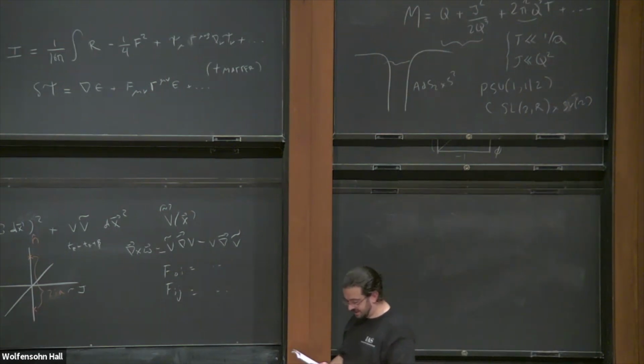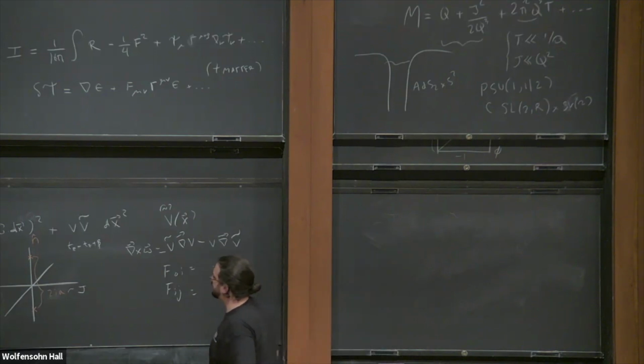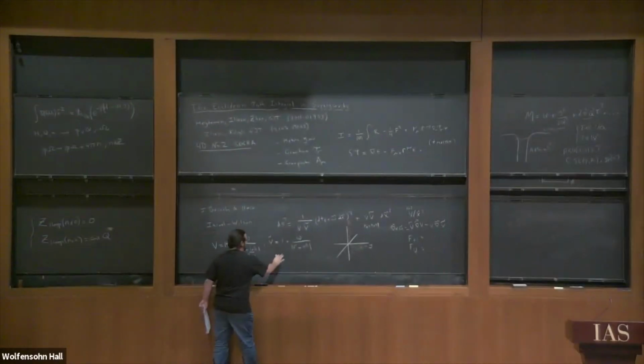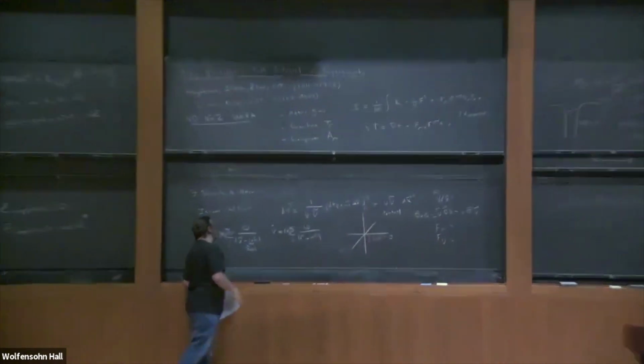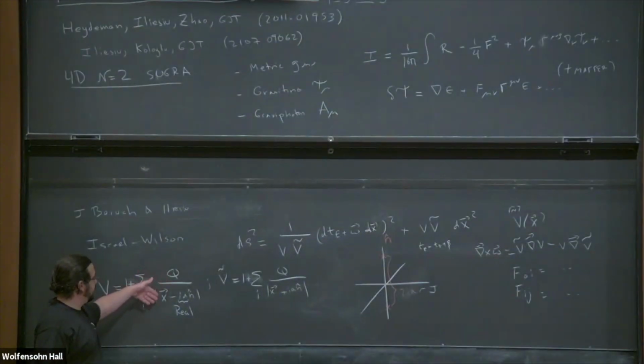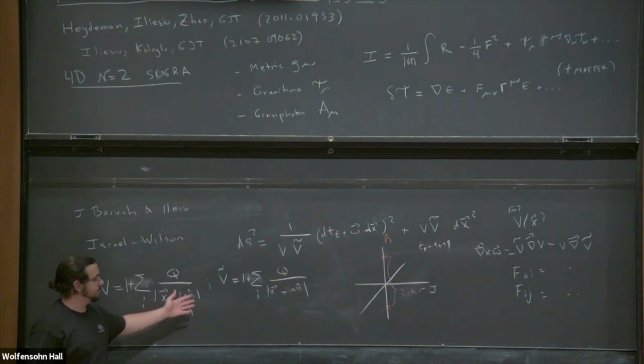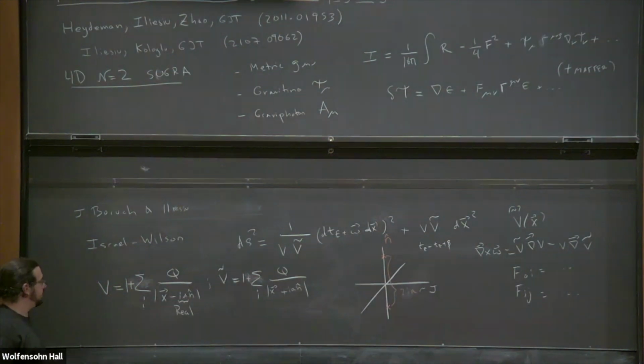Well, the first comment that I wanted to make is that there is a generalization of these metrics that we are studying in that work in progress, where one replaces this by a sum. This is still a solution, so it's like a multi-center version of the index calculation, where they can have different Qs at different positions, with some constraints that come both from having the correct boundary condition at infinity and also being smooth everywhere.